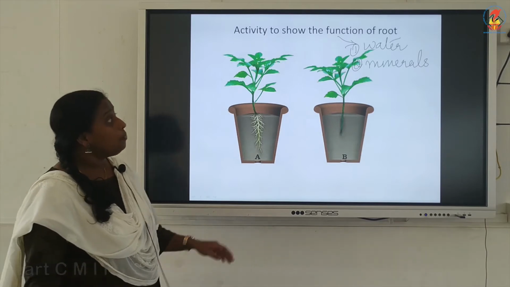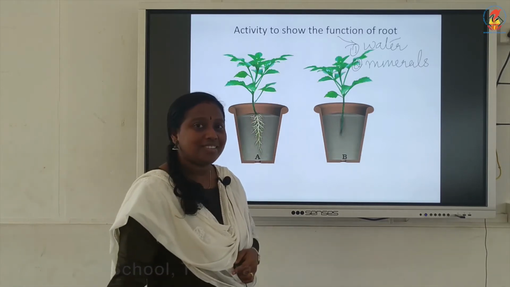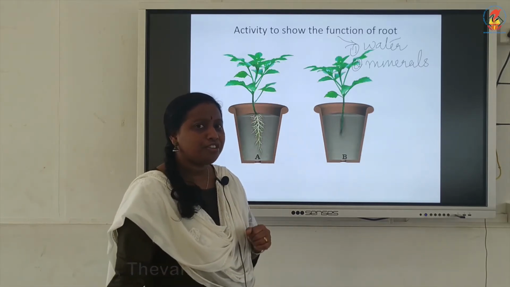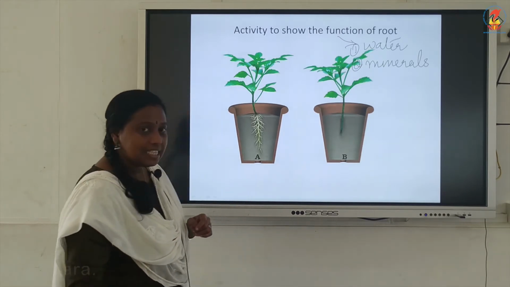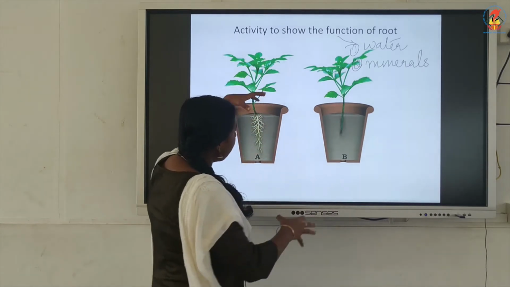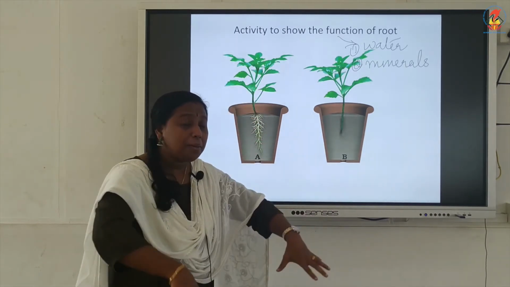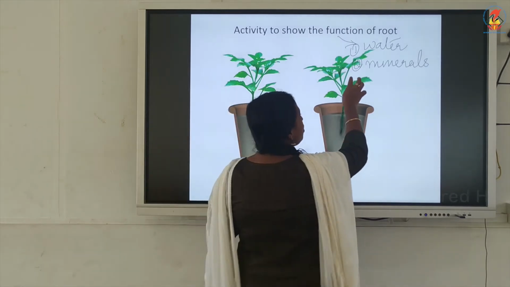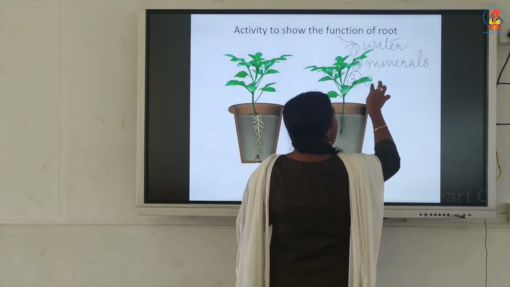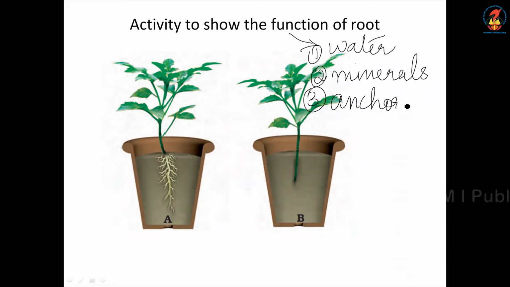Now, other than these two functions, there is one more function for the root. The root will help the plant to firmly attach onto the soil, or the root will anchor the plant in the soil.